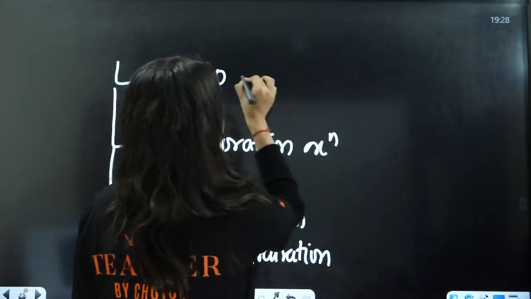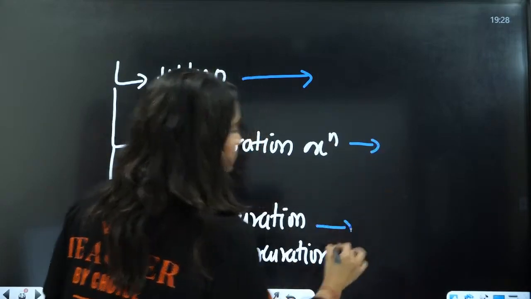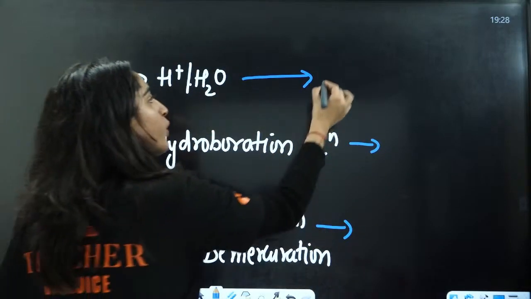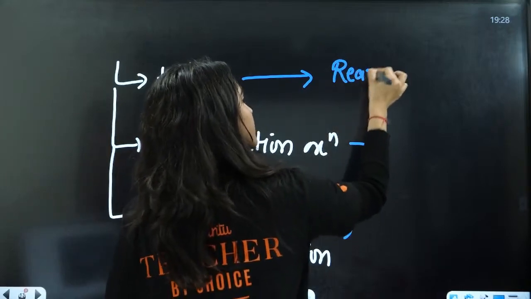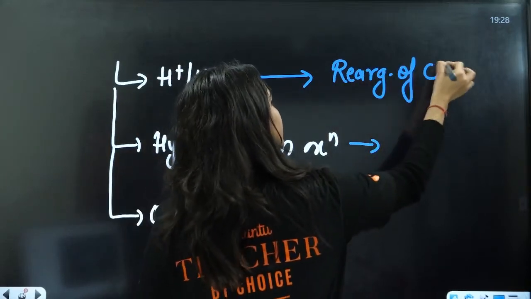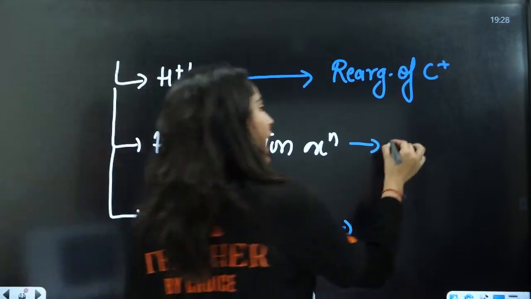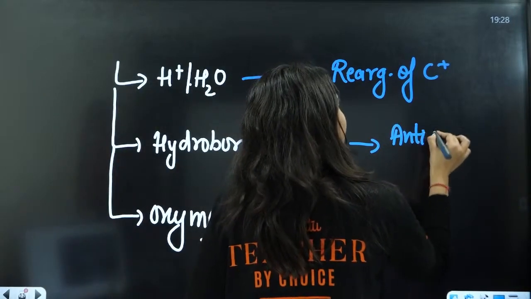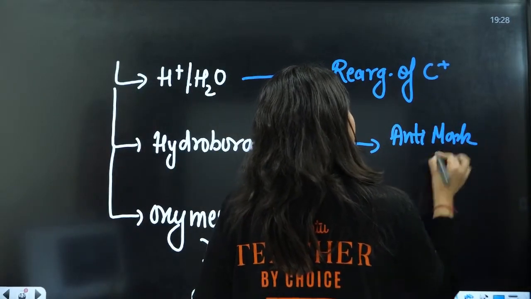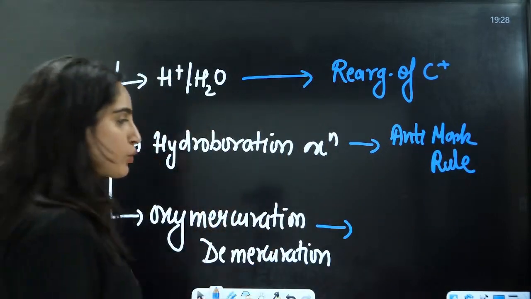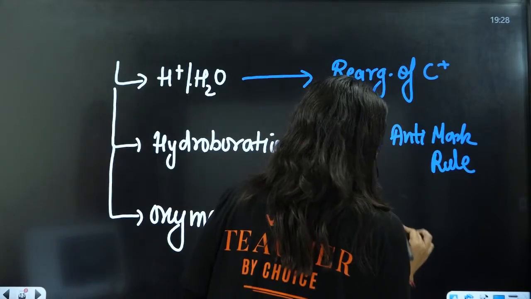Now here, a very important thing: in acid-catalyzed hydration you have rearrangement of the carbocation. In hydroboration oxidation you have the anti-Markovnikov route, and in oxymercuration demercuration you have the Markovnikov route.